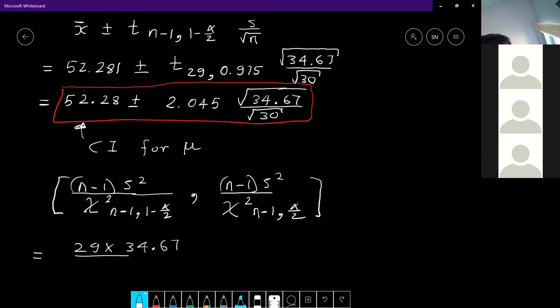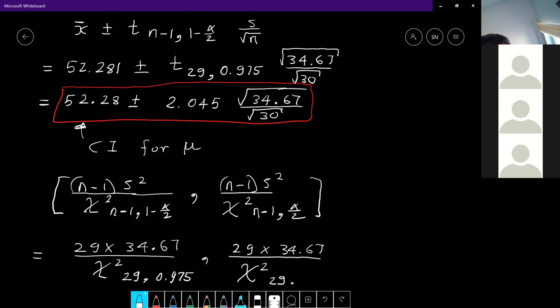And divided by chi squared, n minus 1 is 29, alpha is 0.975. So this is 29 multiplied by 34.67 divided by chi squared, 29, 0.025.